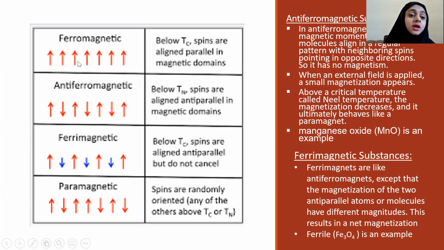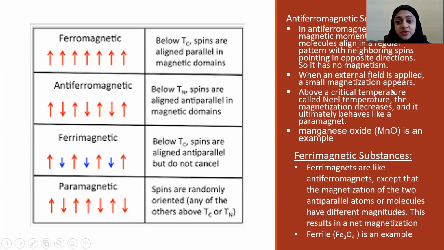So here they are all aligned parallel to each other, parallel to the direction of the applied magnetic field below Curie temperature. But in antiferromagnetic materials, even below Tn. What is Tn? Tn is the Néel temperature.